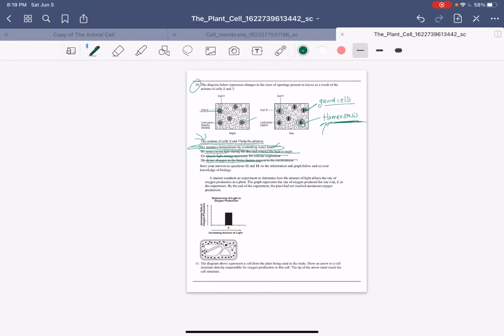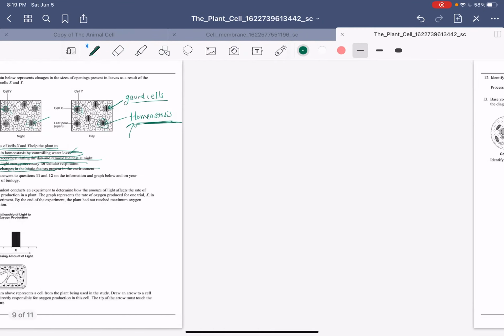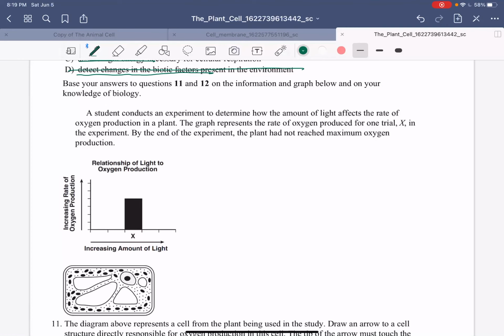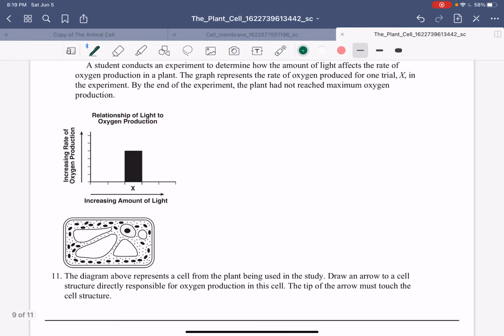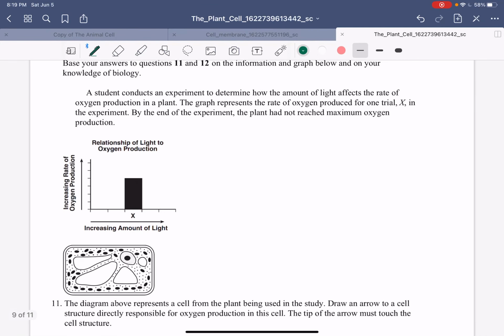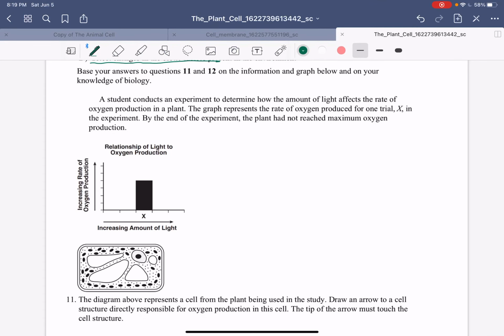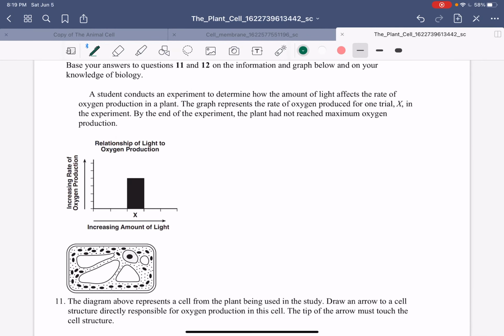We are down to the last few questions, and we're taking a look at our first short answer question that I've chosen for photosynthesis. You always read the top, okay? Base your answer to questions 11 and 12 on the information and graph below and on your knowledge of biology.